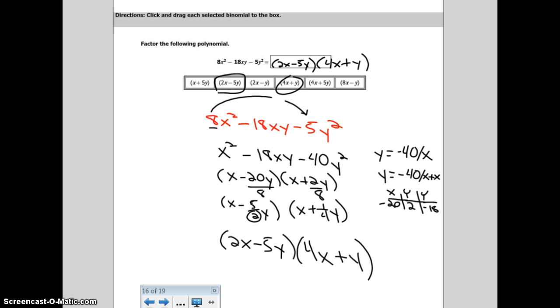Okay? If you were to multiply 2x minus 5y times 4x plus y, you would end up with your original problem. So again, you can play around, focus on the 8x squared and the negative 5y squared when choosing your factors. And that'll be a big help, okay?